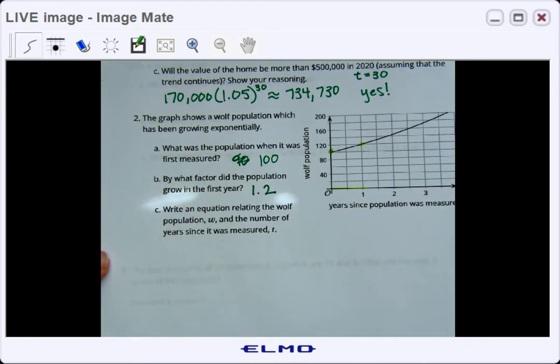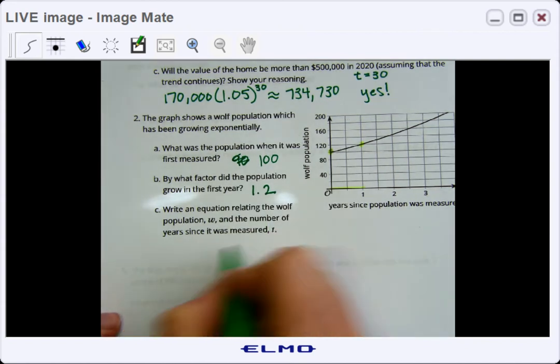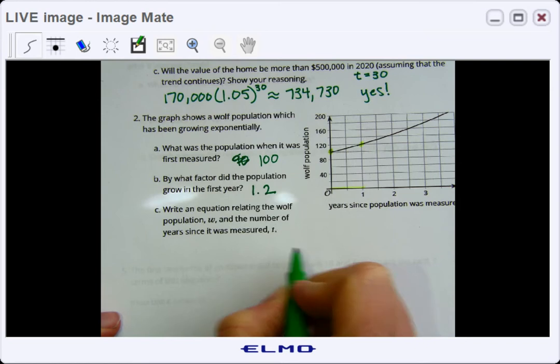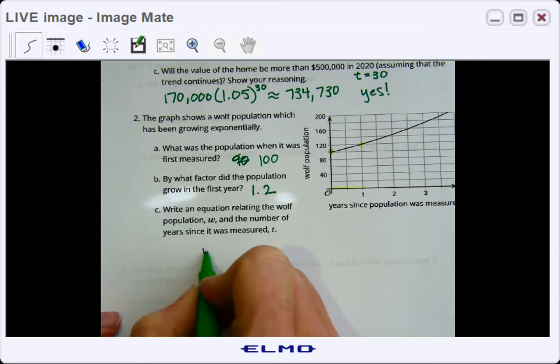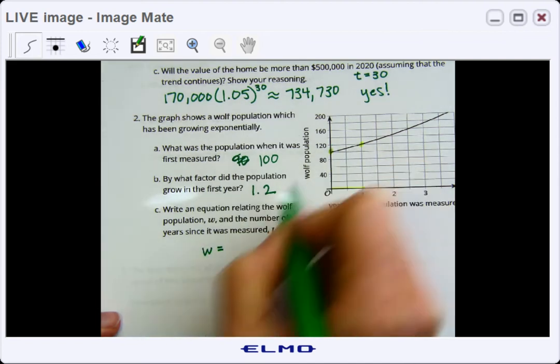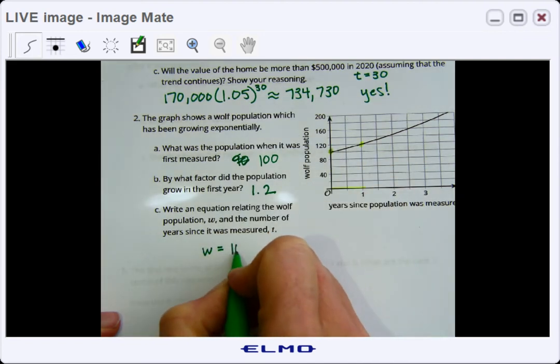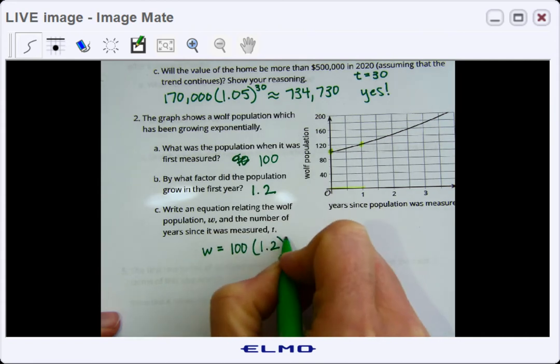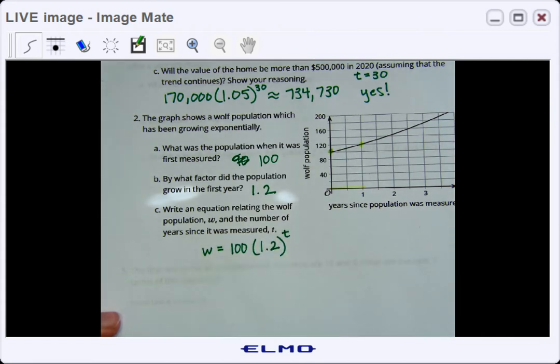Okay, and so then to write an equation for that, the initial amount, so we're using W equals, and then T is time. So the initial amount is 100, and it's growing by 1.2 every year, so an exponent of T for time in years.